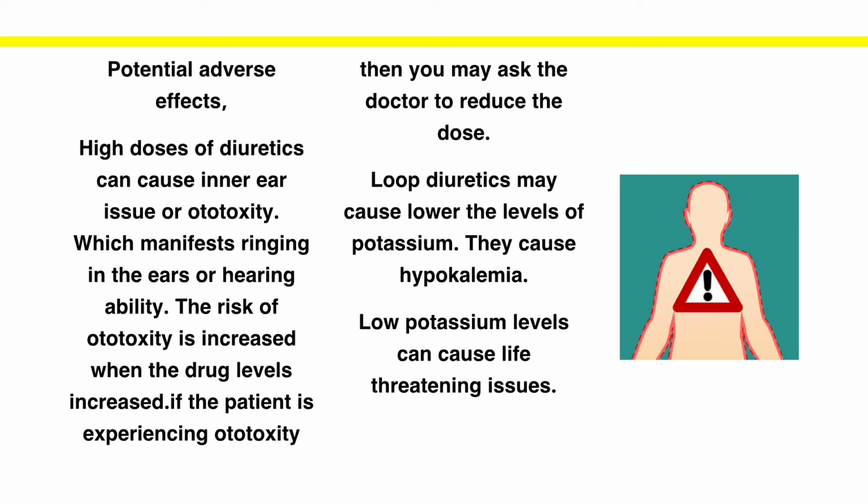Loop diuretics may lower potassium levels by excreting more potassium, so they cause hypokalemia. Low potassium levels can cause life-threatening issues. So it's always best to get the right dose from your doctor, and if you feel there is something wrong, please check with your doctor and make sure to get treated right.